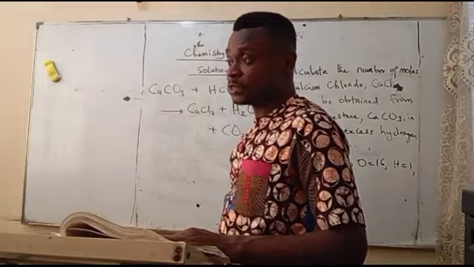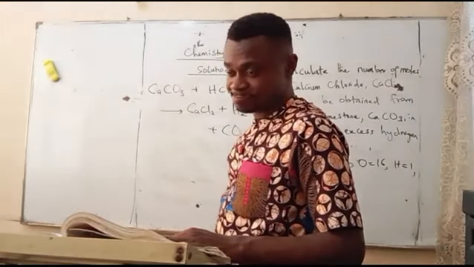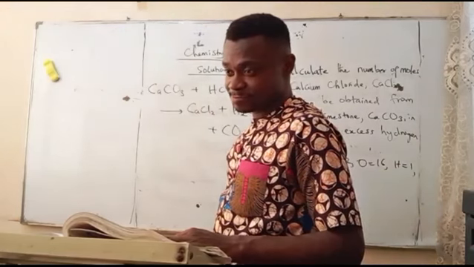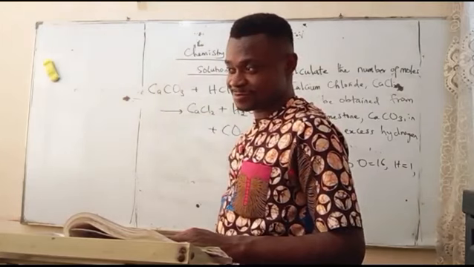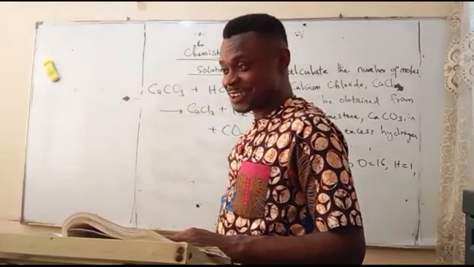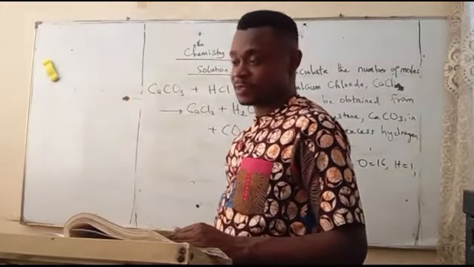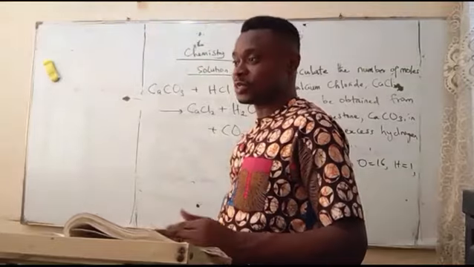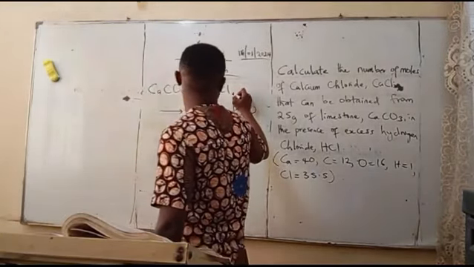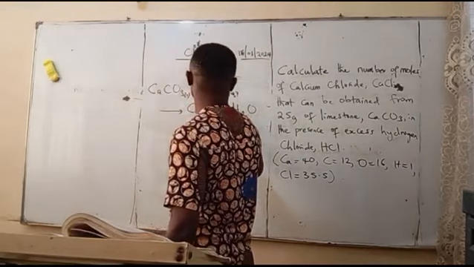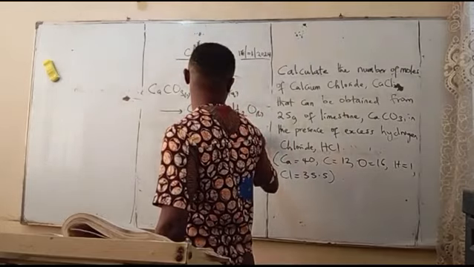Calcium chloride should be aqueous. Water should be liquid. CO2 is gas. So this is solid, this is aqueous, this is aqueous, this is liquid, and this is gas.